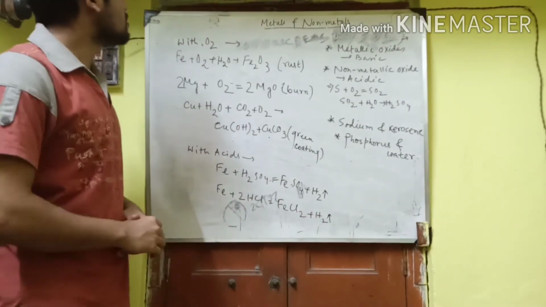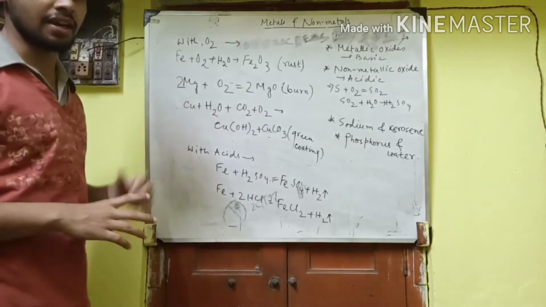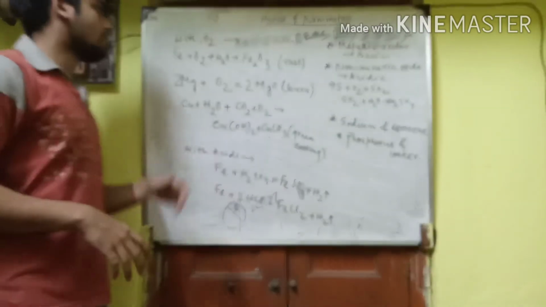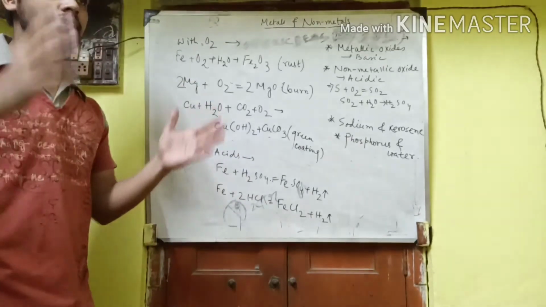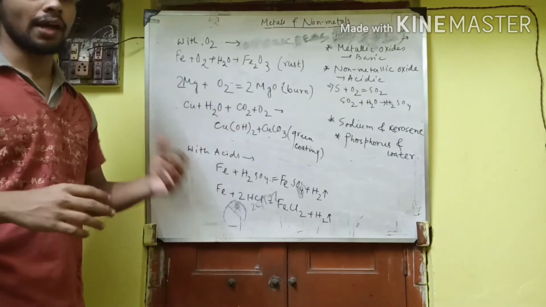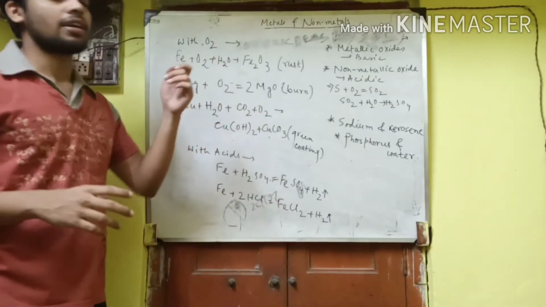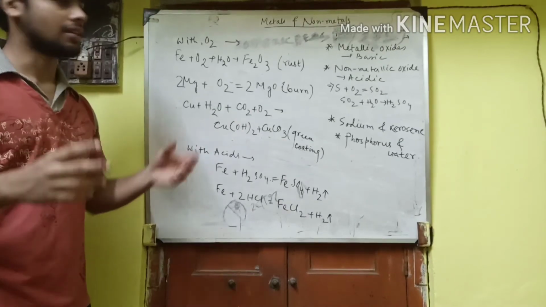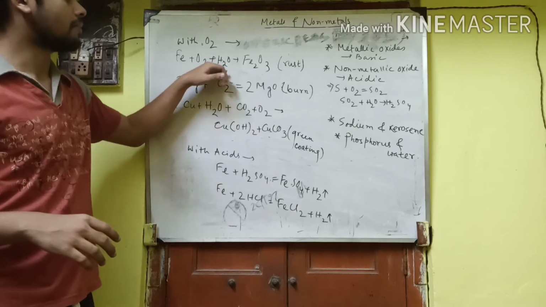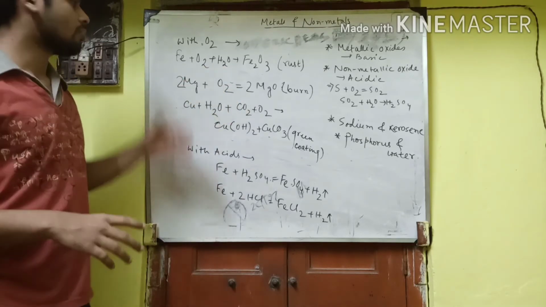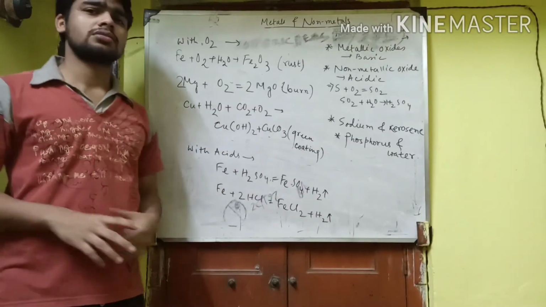Now, with oxygen, the reaction of Fe, that is iron, which is a metal. Iron reacts with oxygen in the presence of moist air, which means the air contains water droplets. So what happens when iron reacts with oxygen in the presence of moist air?